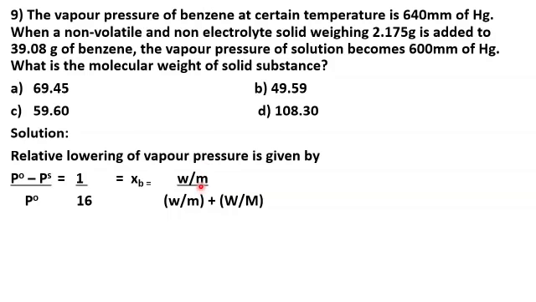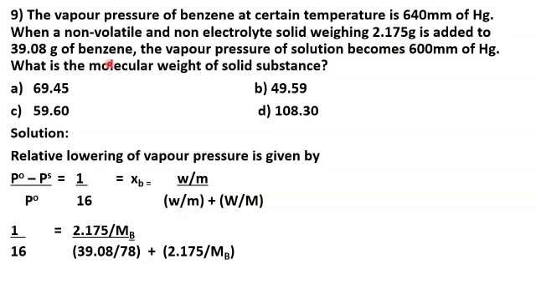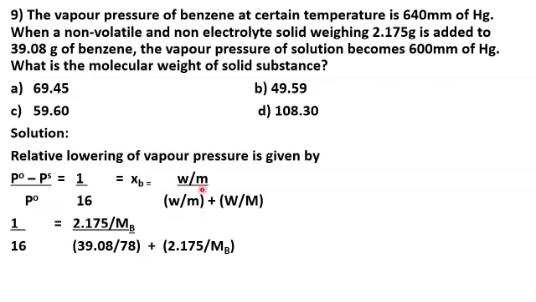Small m represents the molar mass of the solute, which we have to calculate. Let it be capital MB. Next, small w in the formula represents the weight of the solute, that is 2.175, and m represents the molecular weight of the solute.